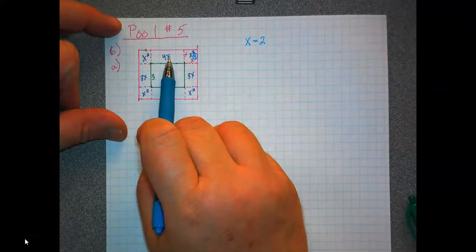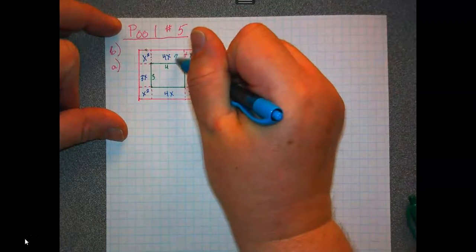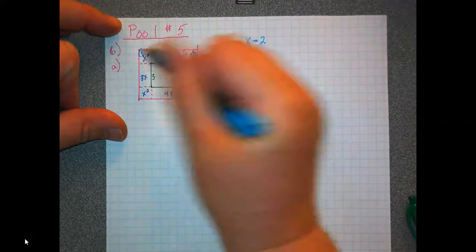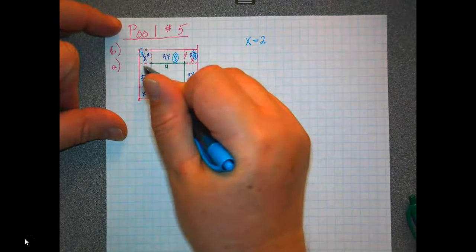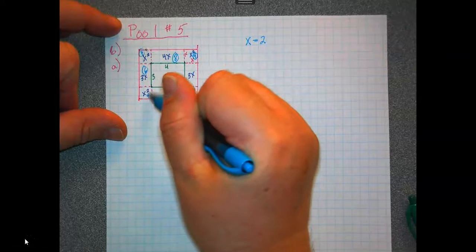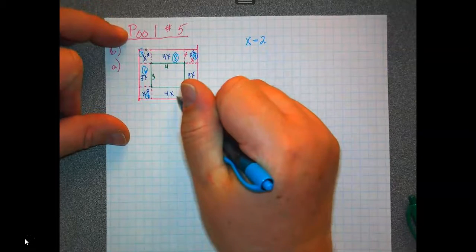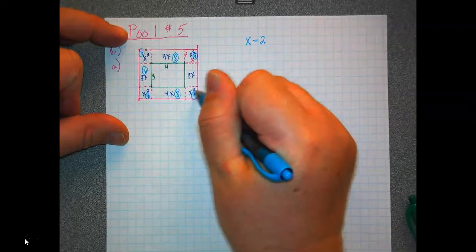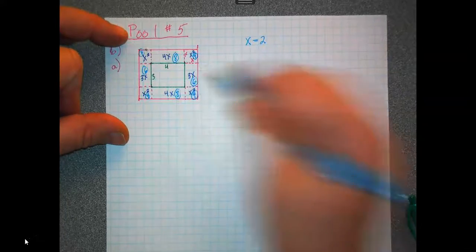Careful. 8. Okay, and then this would be 4. This would be 6. Good. 4, 8, 4, and 6. So we have it in terms of x's and we have it in terms of numbers.